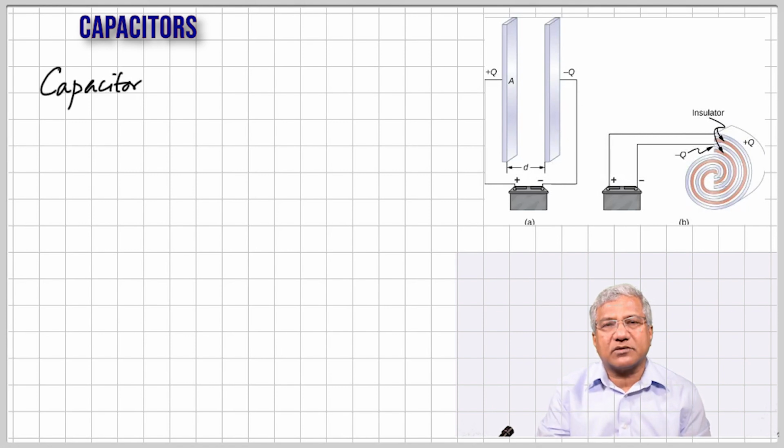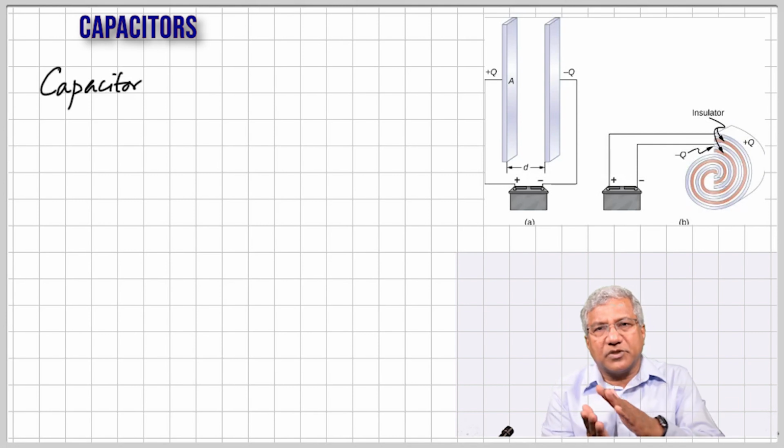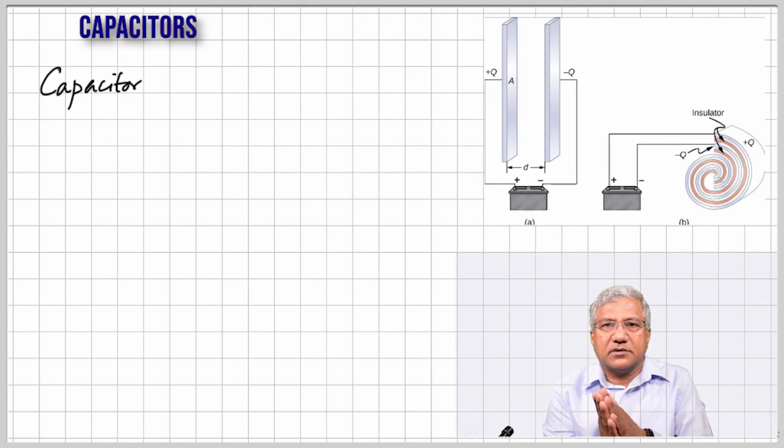The actual construction of a parallel plate capacitor is shown by the side, where you have two aluminum foils, and between them you have paraffin paper or mica, and it's rolled up.